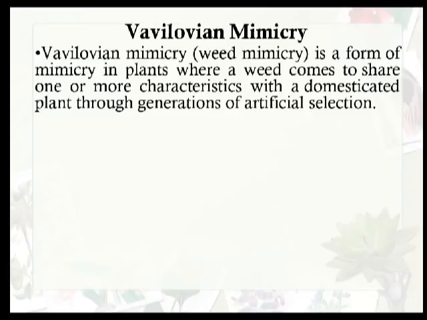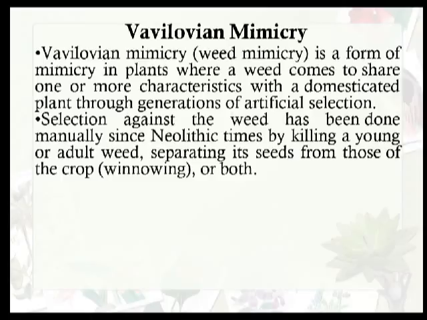For example, we know we want bigger kernel size, grain size. We want varieties which should not shatter. We want varieties which should not be perennial, which should be annual. So slowly and gradually, the weed will also start developing these favorable traits, so that along with the main crop plant, it will also get selected, and slowly and gradually, it will become another crop by itself, and it will come to be known as a secondary crop.